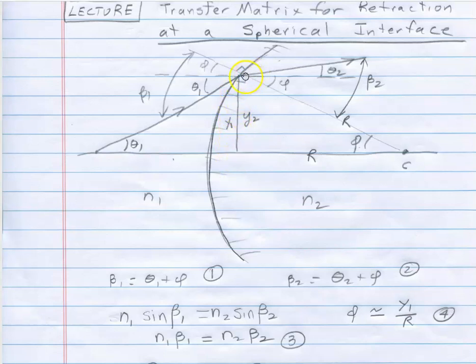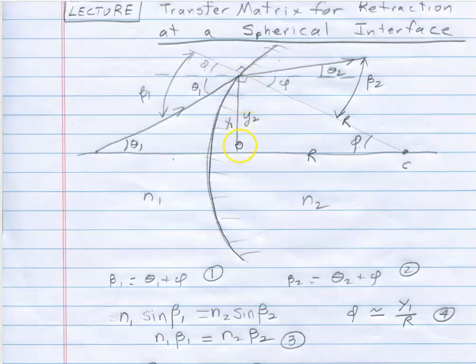It then gets bent, and so the emergent ray, after it gets refracted, is coming out at an angle theta 2 with respect to the optical axis, and at a height y2, and pretty obviously y2 and y1 are equal. It's the same height depending on whether you're entering this point or leaving it.